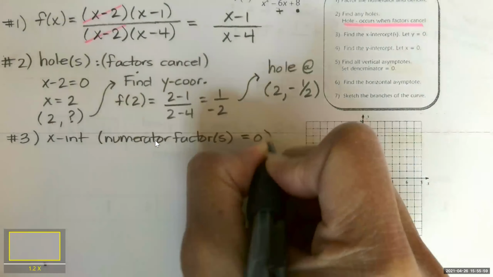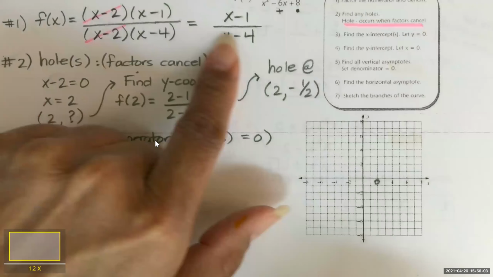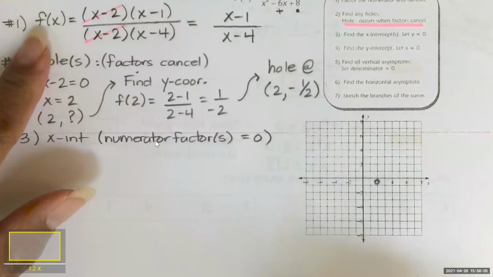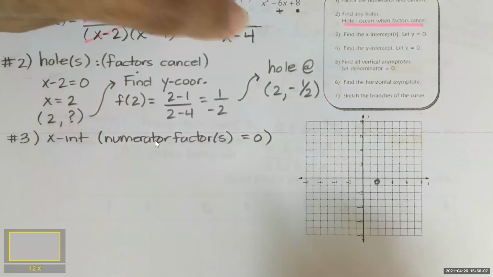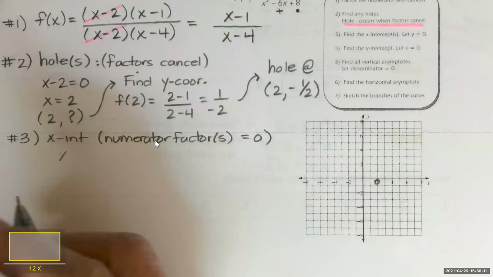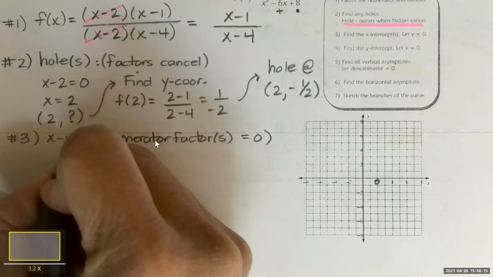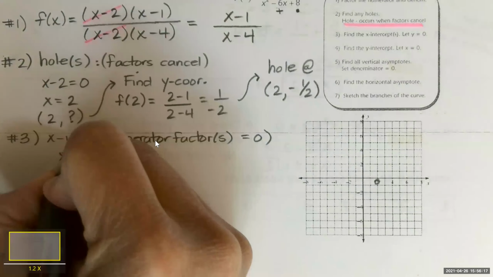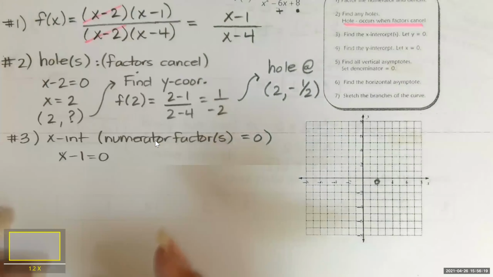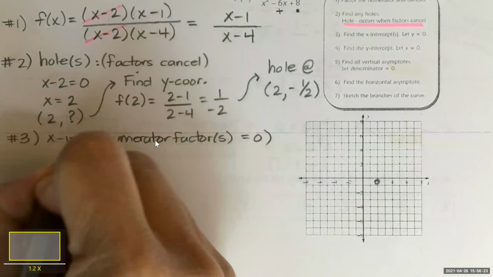So we go back to our function, and our numerator is our top value. So we take that x minus 1 and set it equal to 0. Then I'm going to solve that expression by adding 1 on both sides. And now I have my x-intercept.